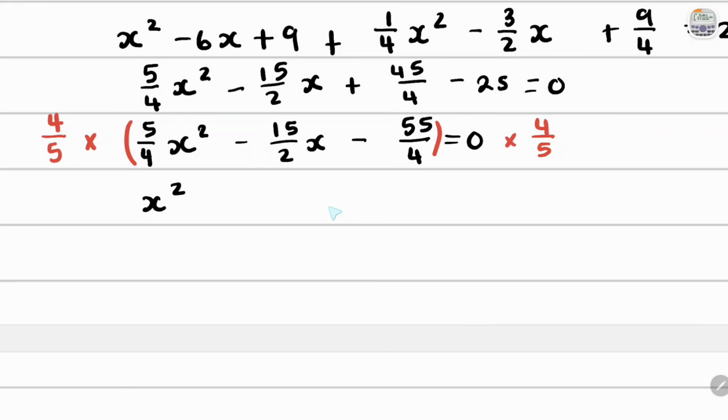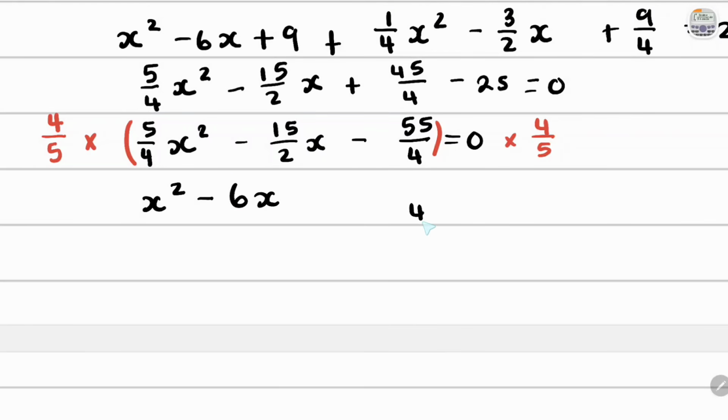And then when you multiply here, if you say 4 over 5 multiplied by 15 over 2, look what happens. 5 and 5 cancel here. But here, 15 divided by 5 is 3. So you have 3 left here. Here, 2 and 2 would cancel. But 4 divided by 2 is still 2. So now you have a 2 times 3, which is 6. And now you have here minus 6x, okay?